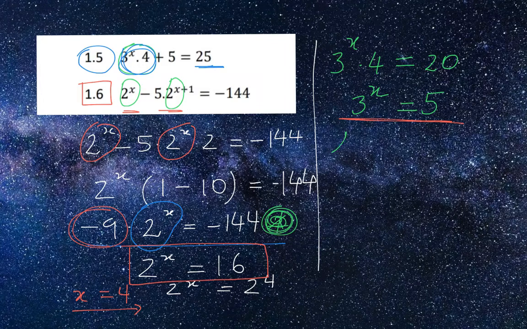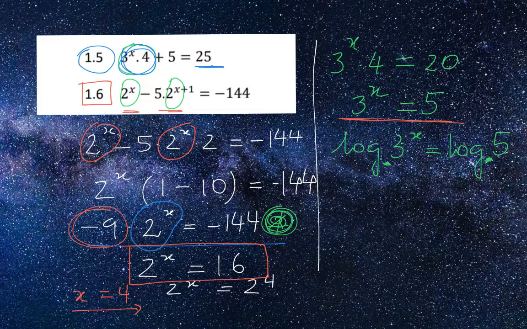So if I log both sides, and I will choose the most common log, and that is the log with base 10, remember, here is the base 10. We just don't write that base in mathematical notation.